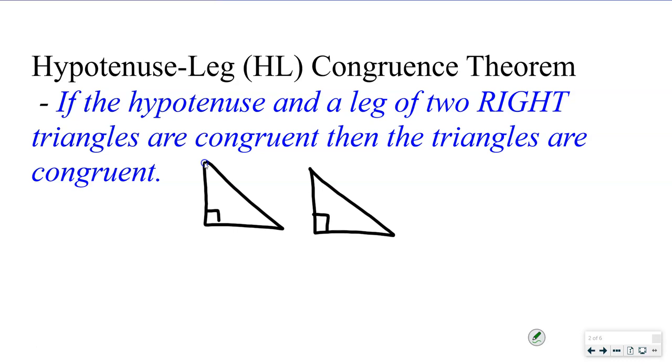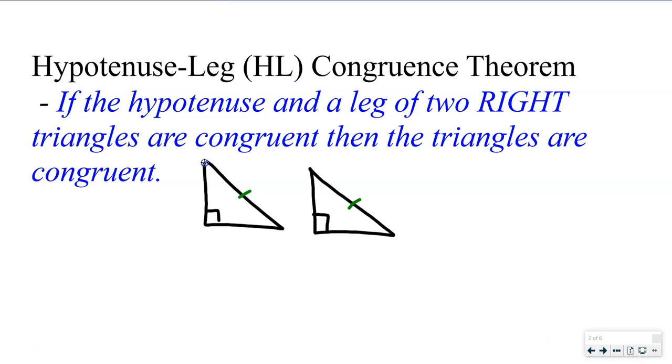If I know the hypotenuse, your hypotenuse is the side that is opposite the right angle. So it's not touching the right angle at any spot. That's called your hypotenuse. And then the other two sides are your legs.